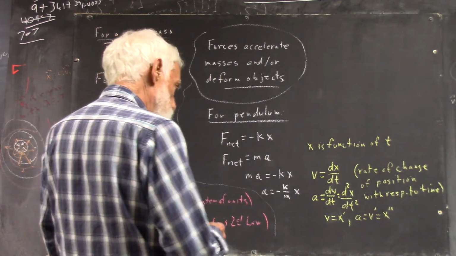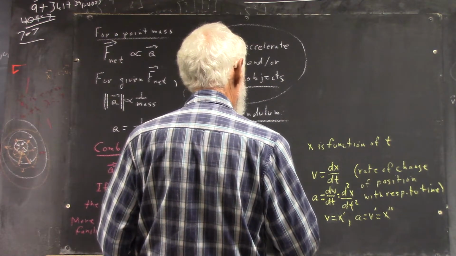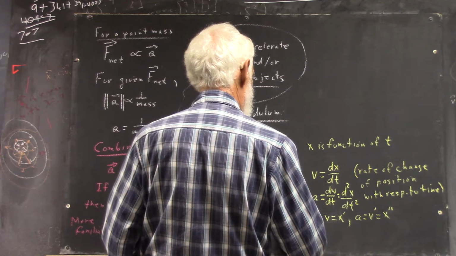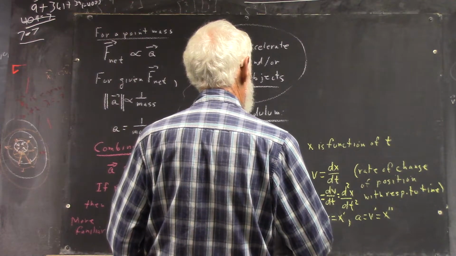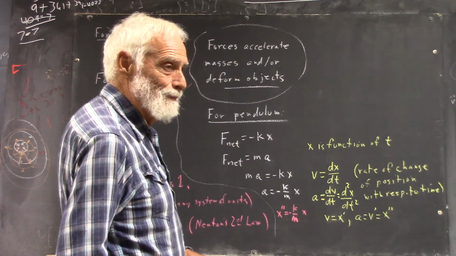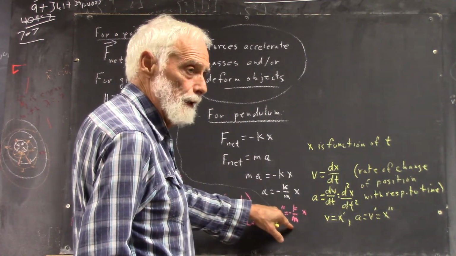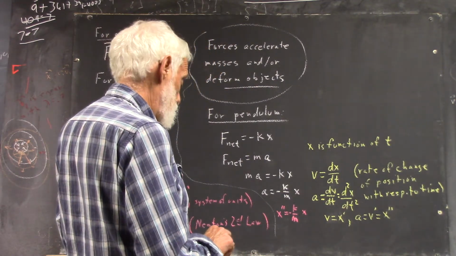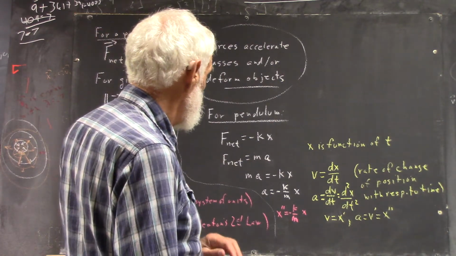Okay, so we get this really important equation. A is just x double prime, plus k over m times x. Okay, that makes sense?